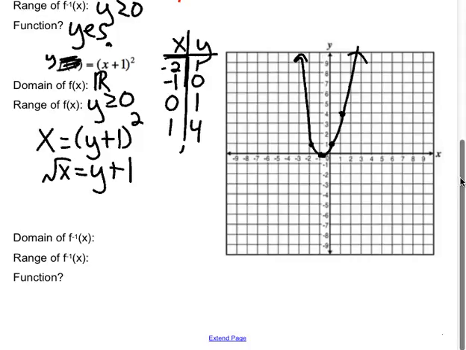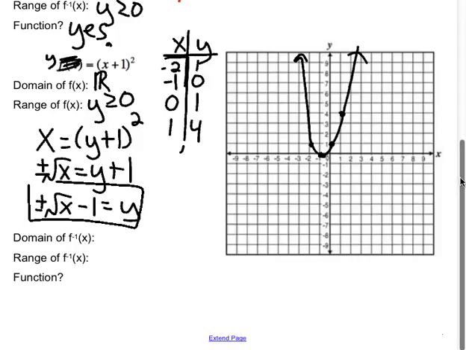Now, here's the tricky thing. Because I just square rooted, I need that plus or minus. So we've emphasized that throughout chapter 4 and 5, part of 6, and now it's coming back again. Whenever you square root, you need the plus minus, and then subtract the 1.